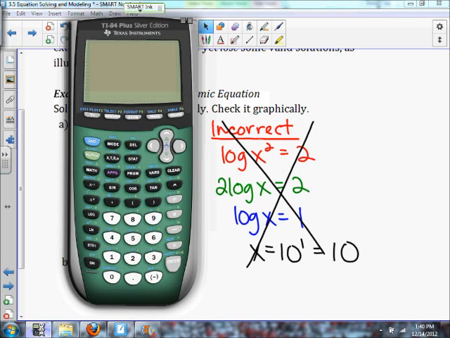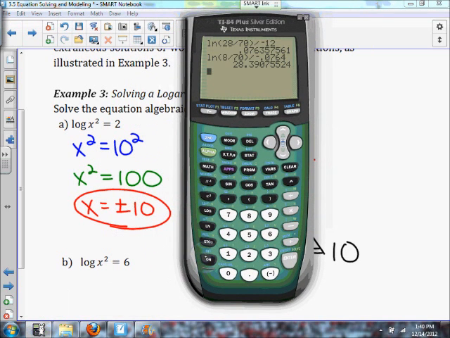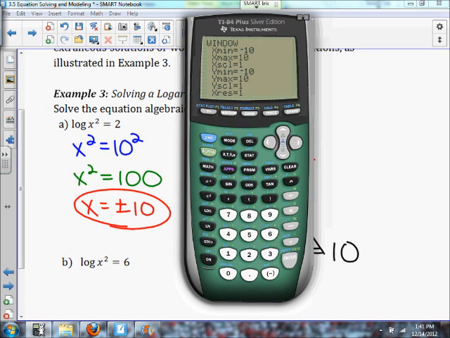Now, if I were to check this graphically, what we do is this. The window I want to look at here is negative 15 to 15, and negative 3 to 3.